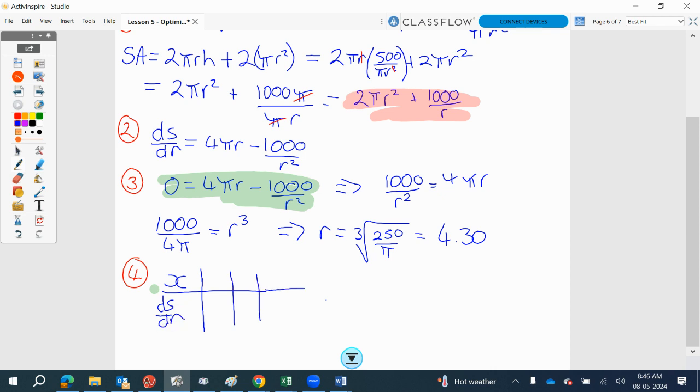What was the x value when the derivative was 0? 4.30.